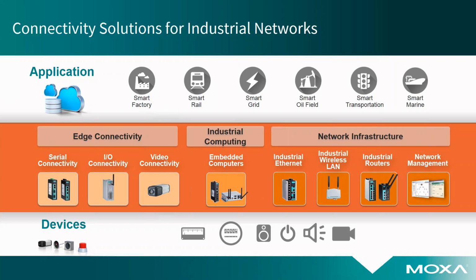Our core markets are smart manufacturing, rail transit, power distribution and transmission, oil and gas, intelligent transportation, and marine. With that, I'd like to turn things over to Richard to do a brief introduction of Trend Micro.